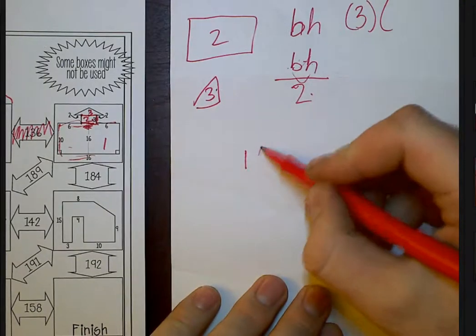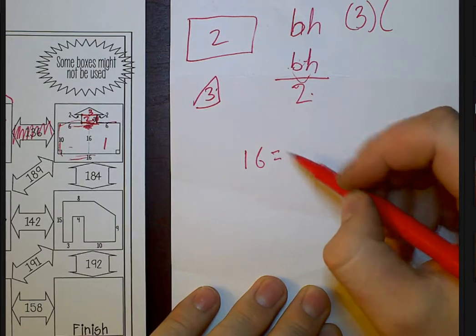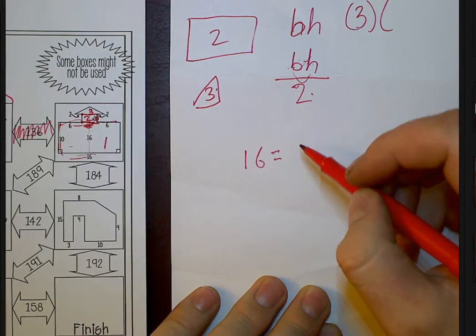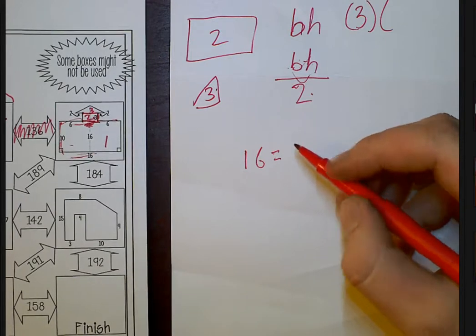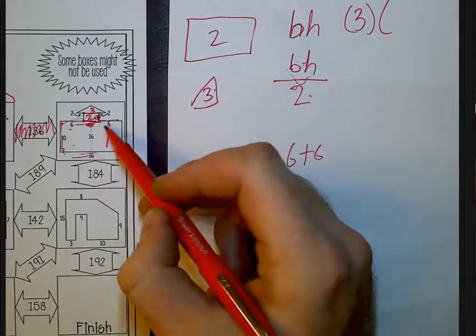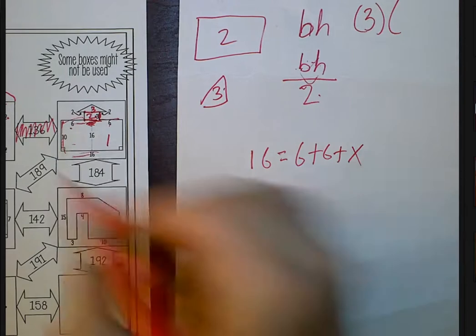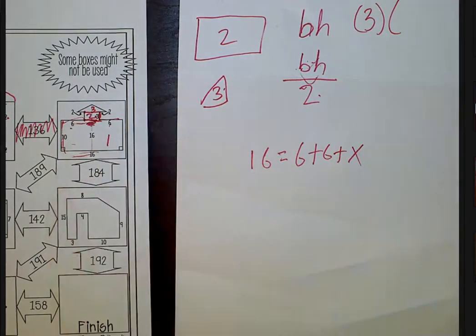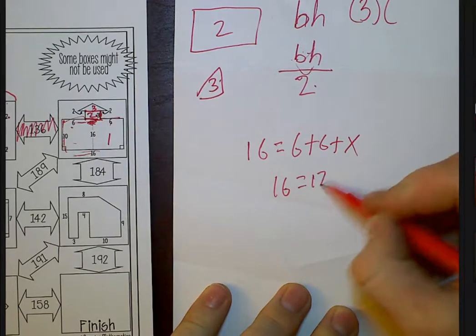We know the whole length needs to equal 16. So let's add up the 3 different parts and put them into an equation. That way we can solve for the missing one. So we have 6 plus 6, that's these 2 lengths right here, plus we can just call it x, because we don't know what it is yet. So 16 equals 12 plus x.